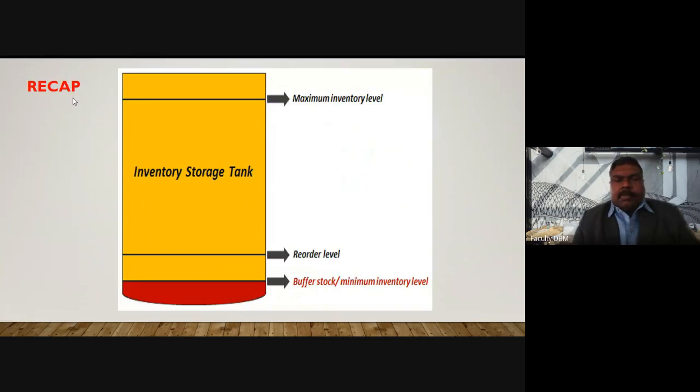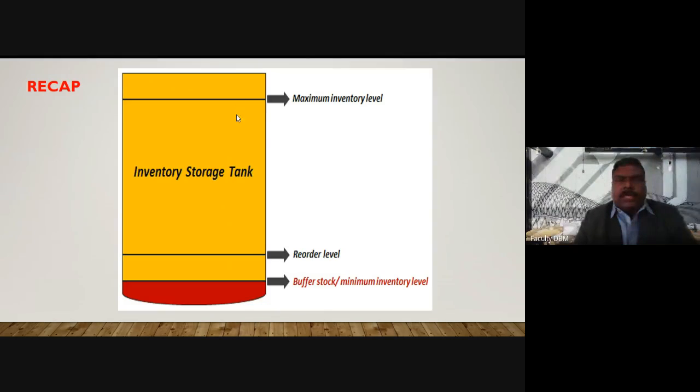So, a recap of yesterday's reorder level; yesterday there was some disturbance in the board. You can see the inventory storage tank, that is the maximum inventory level, and the reorder level line, and buffer stock or minimum inventory level. At this reorder level point we are going to refill it.